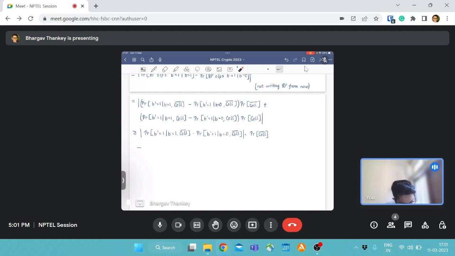So what's this quantity? What I'll do is upper bound this quantity by 1 and keep this as it is. So I'll get minus a negligible quantity.